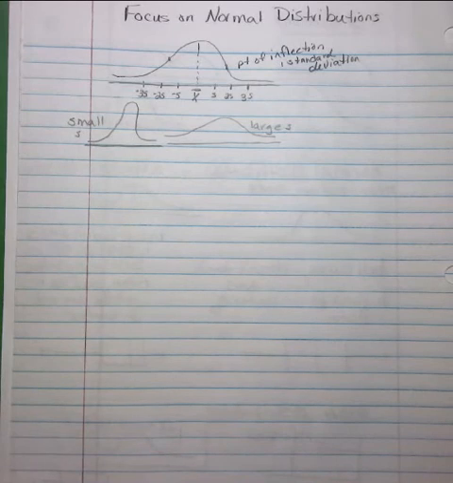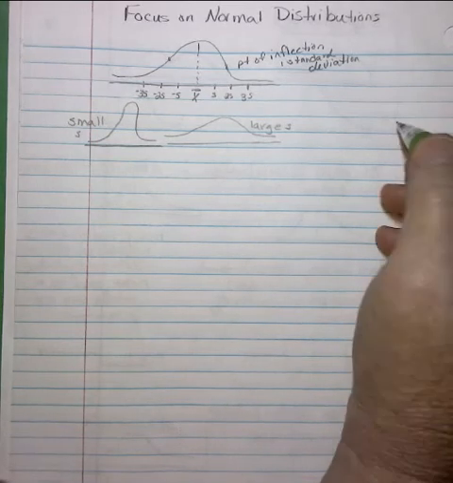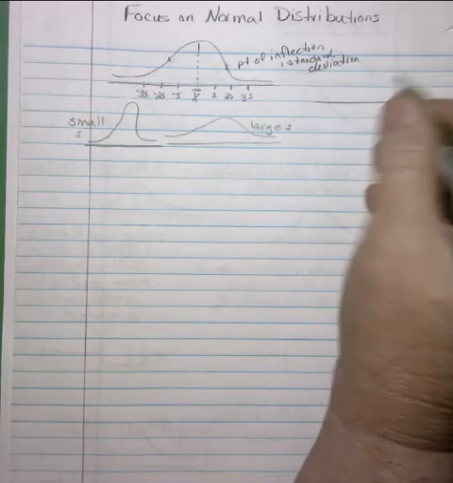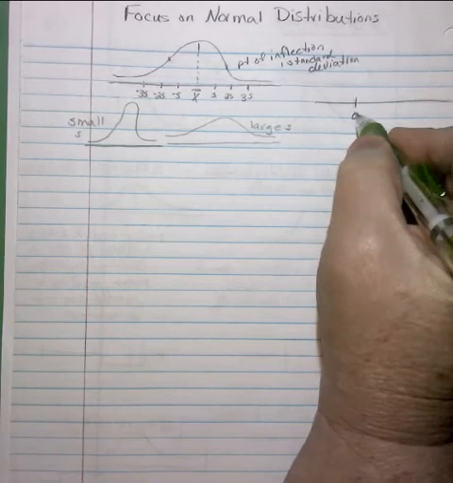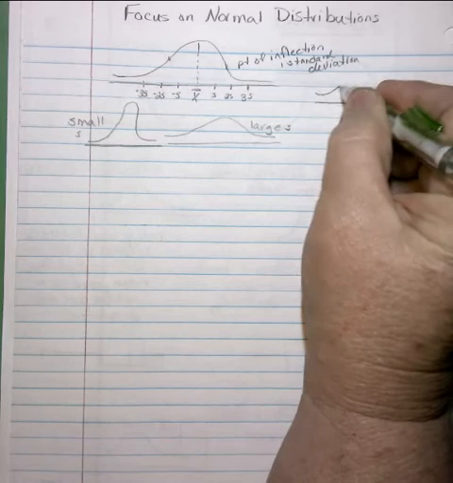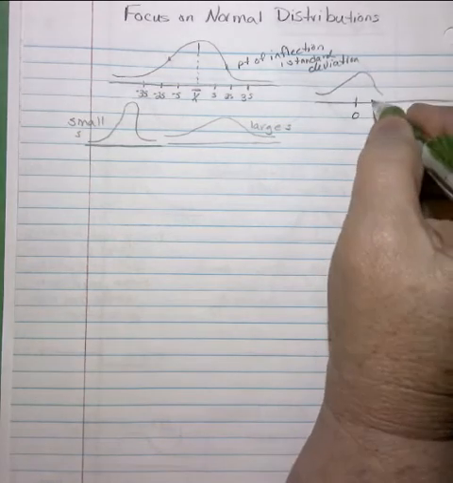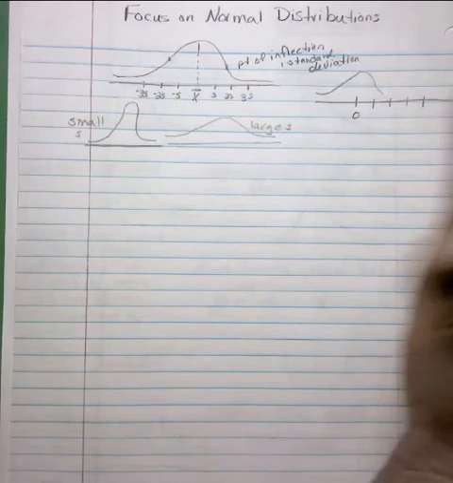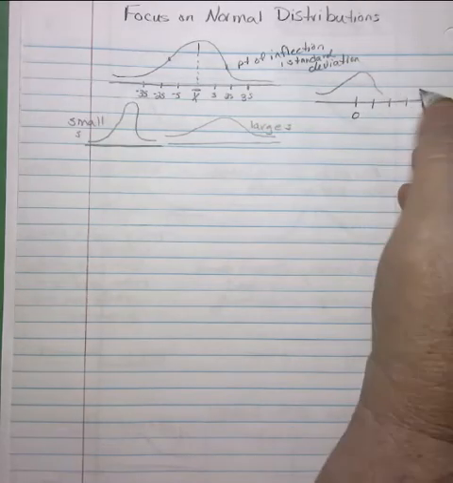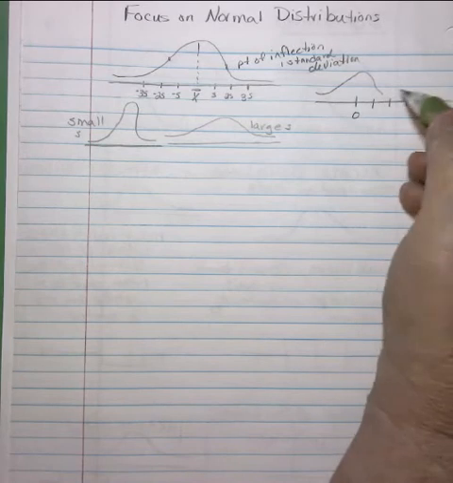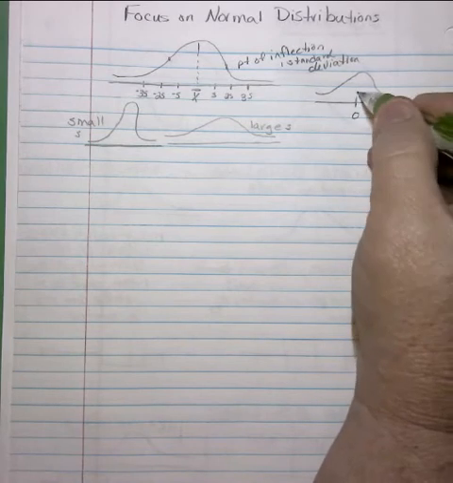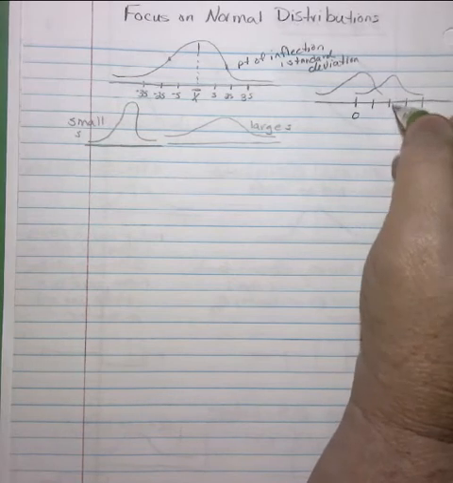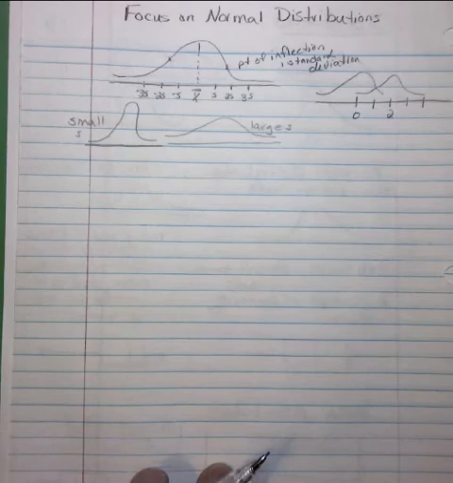Another fact about normal distributions is that no matter where it is on your number line, if we started at 0 and had our normal distribution, and the same graph shifted and had a different mean at a different location, but the standard deviation was the same amount, the graph is going to look the same size, but it's just shifted along the graph.